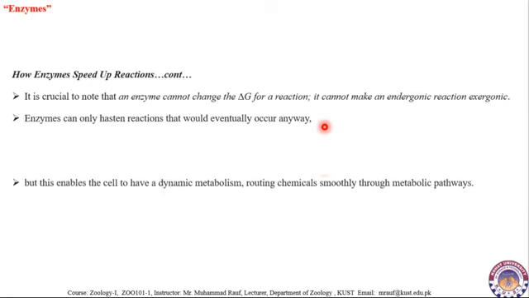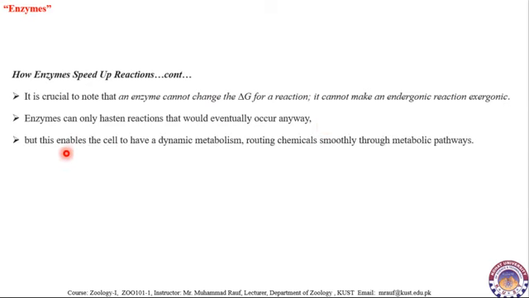It cannot make an endergonic reaction exergonic. Enzymes can only hasten reactions that would eventually occur anyway. But this enables the cell to have a dynamic metabolism, routing chemicals smoothly through metabolic pathways.